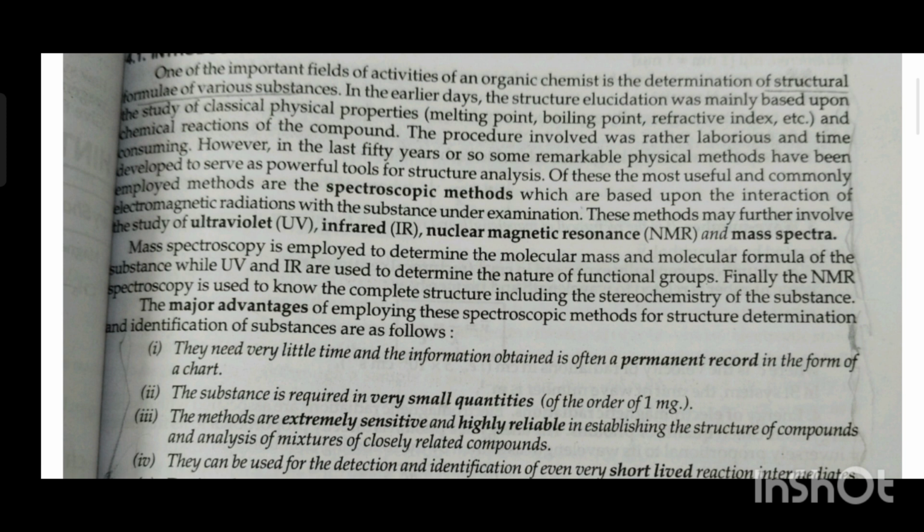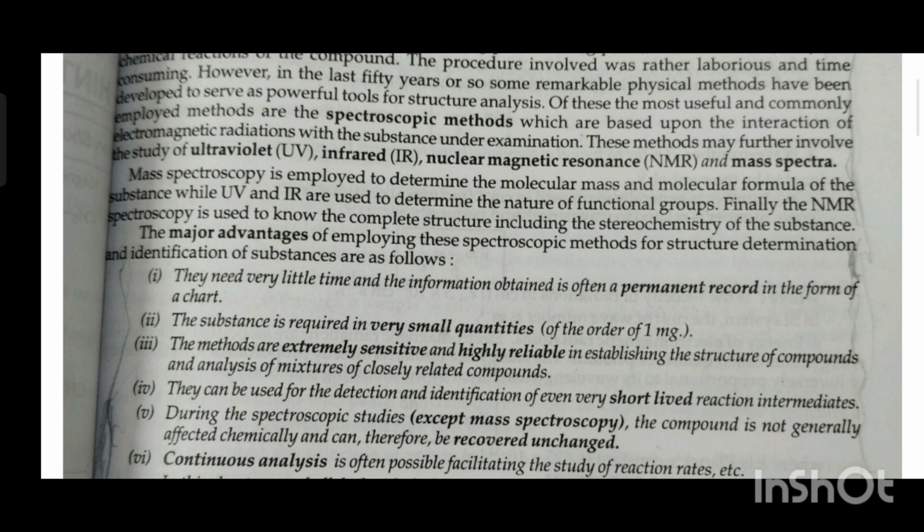The major advantages of employing these spectroscopic methods for structural determination and identification of a substance are as follows. First, they need very little time, and the information obtained is often a permanent record in the form of a chart. Second, the substance is required in very small quantities, of the order of 1 mg.